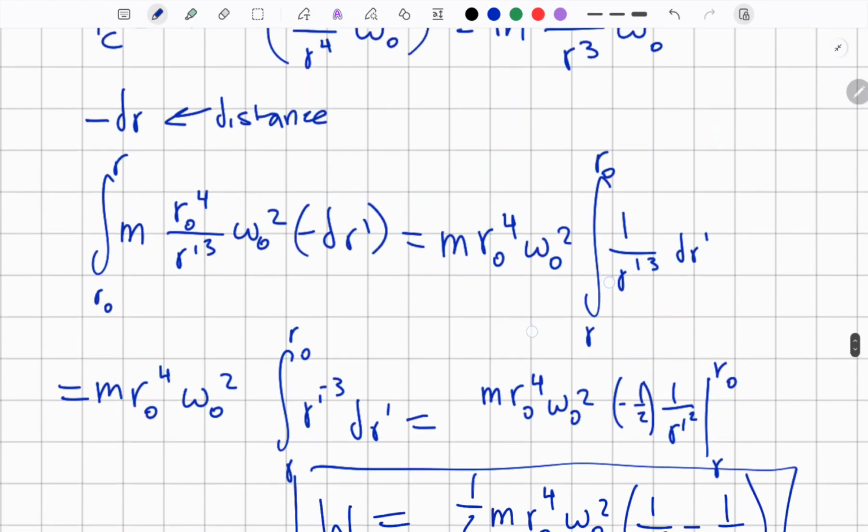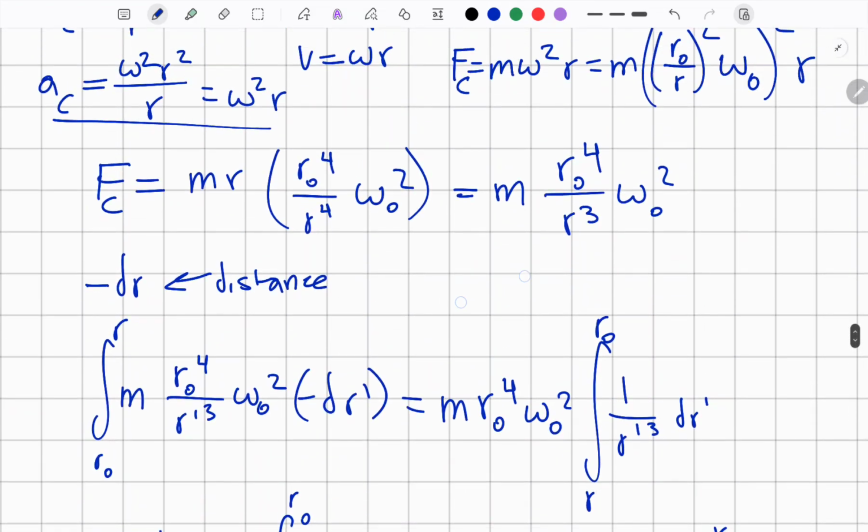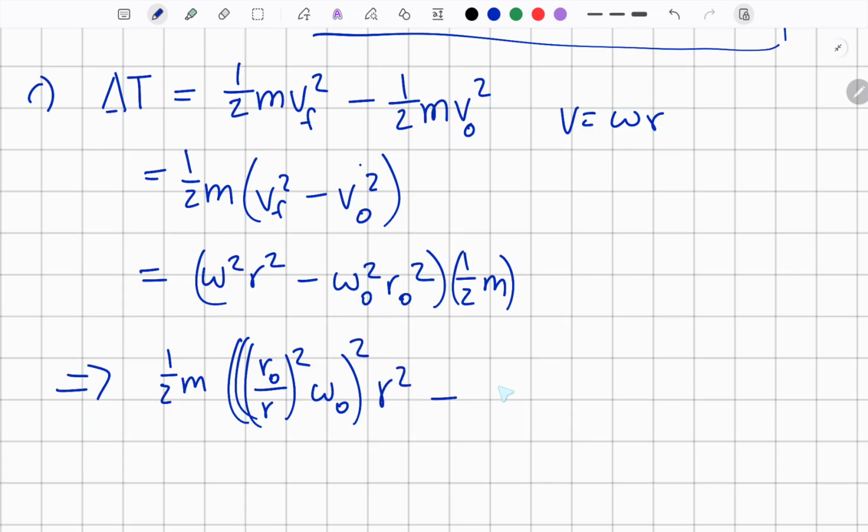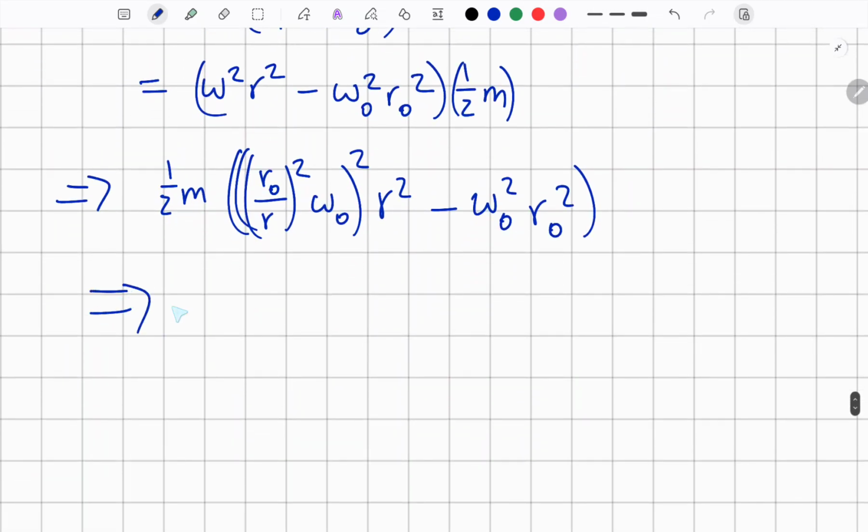And we know that omega was r naught over r squared omega naught. We're going to square that times r squared minus omega naught squared r naught squared. And we're going to have 1/2 m.